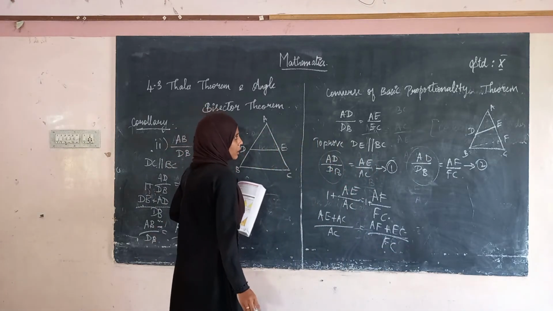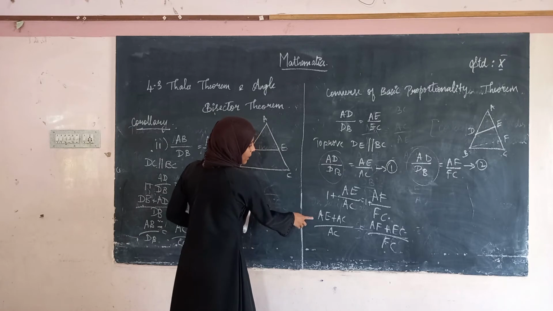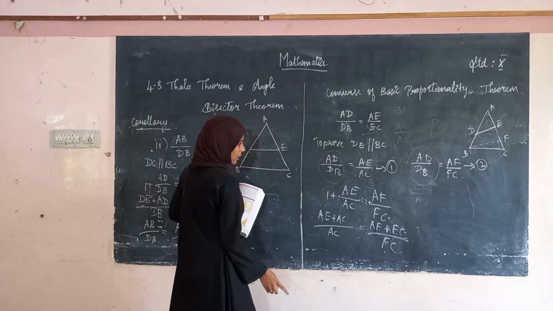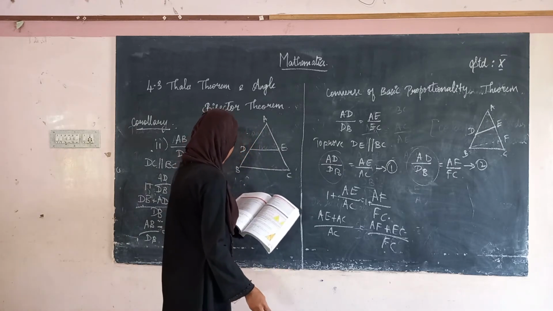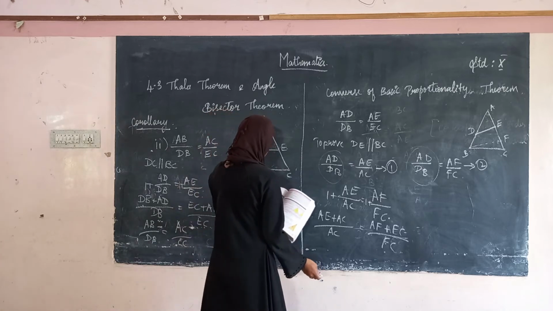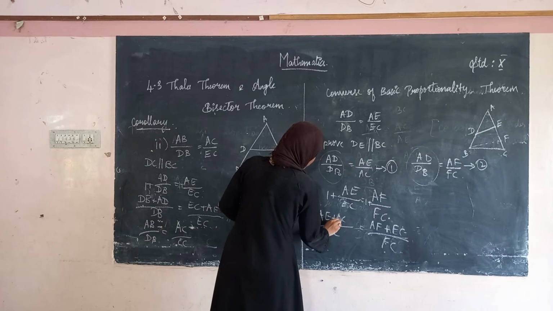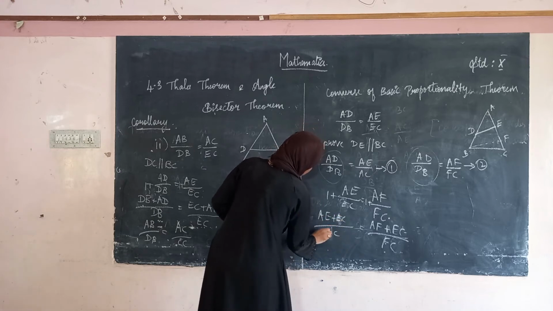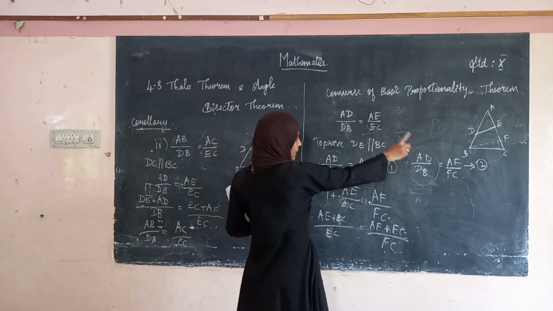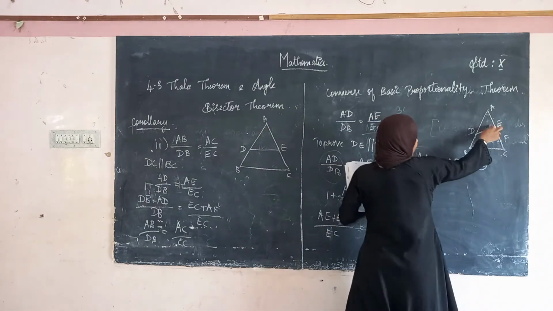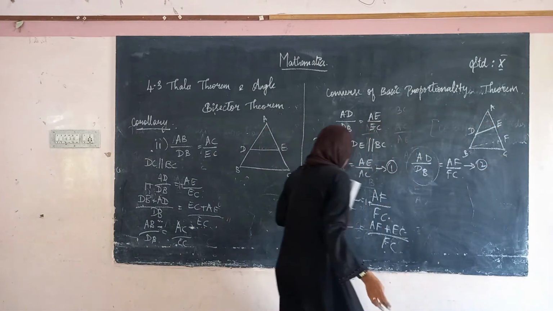Okay. So, what is AE plus EC? It can be written as AC, right?